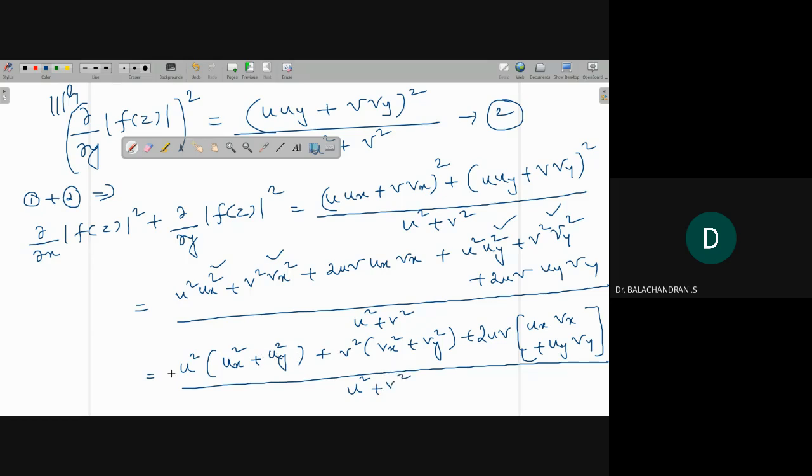Now I am going to apply the CR equation. If I apply CR equation for uy, you will get minus vx, so uy square is vx square.